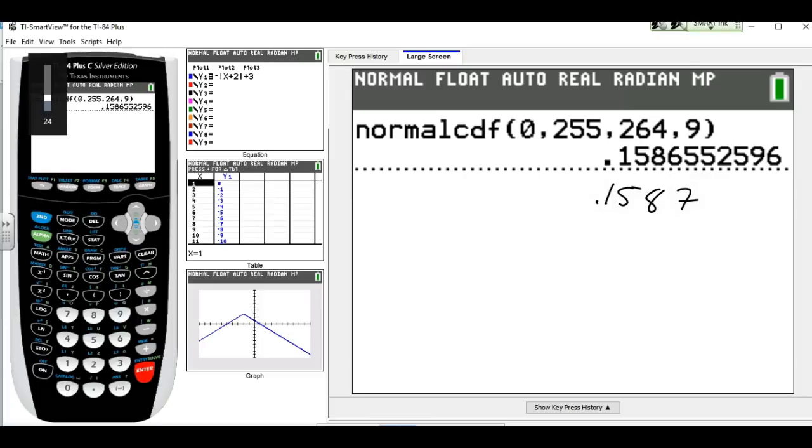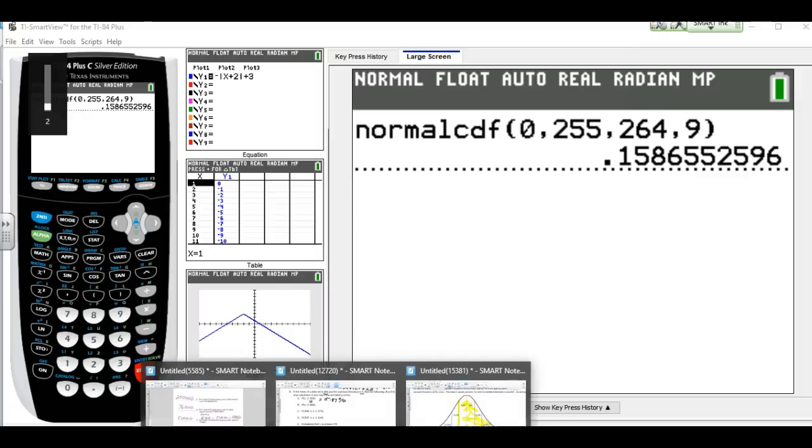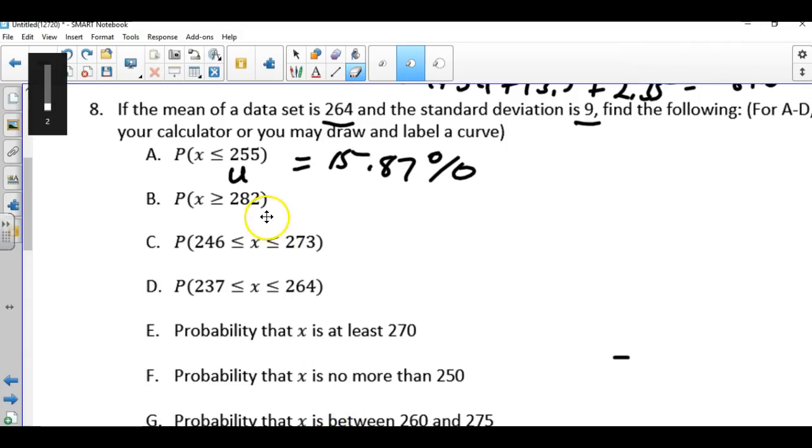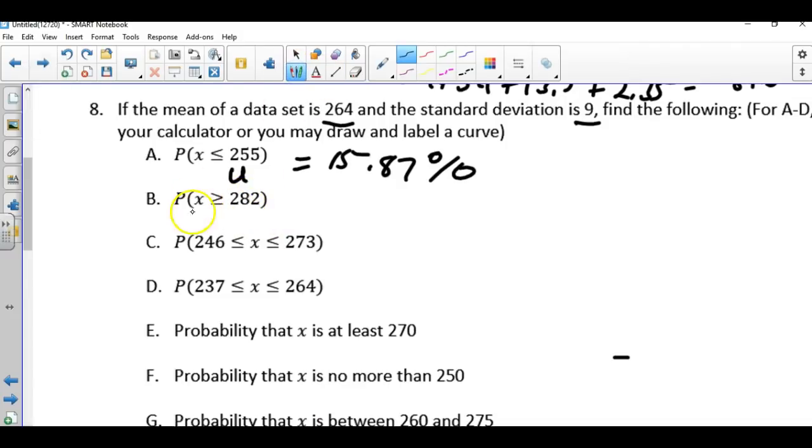Now, let's look at the next one. The next one says, what's the probability of x being greater than 282, which means this is your lower bound. Think about it, x is larger than this, so that's the lower bound, 282.